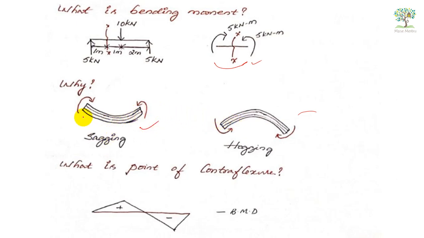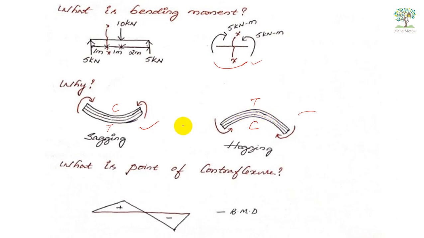If it is sagging, the bottom fibers will be subjected to tension and the top fibers will be subjected to compression. Similarly, if it is hogging, the top fibers will be subjected to tension and the bottom fibers will be subjected to compression. Concrete is good in compression but weak in tension.